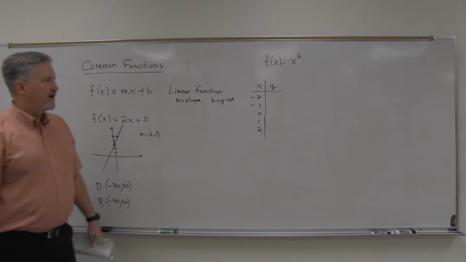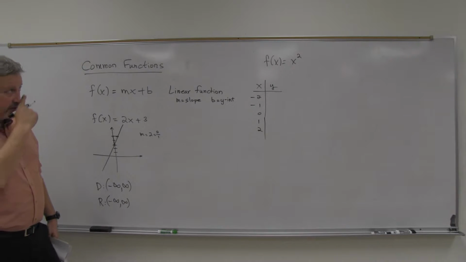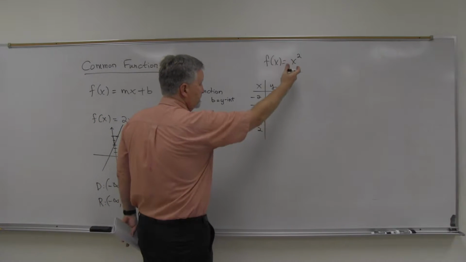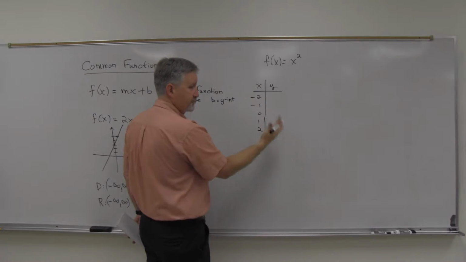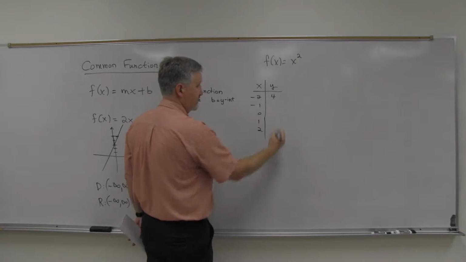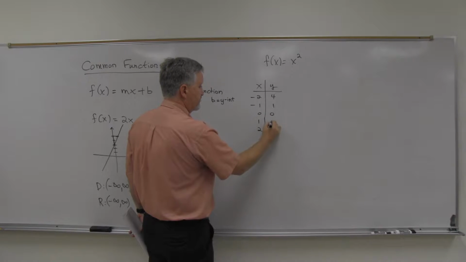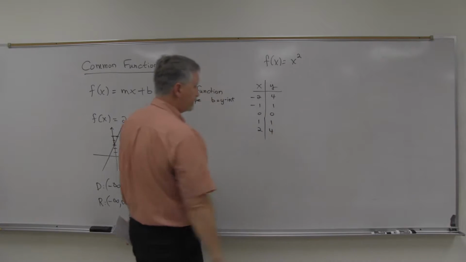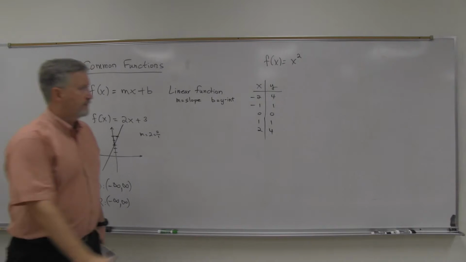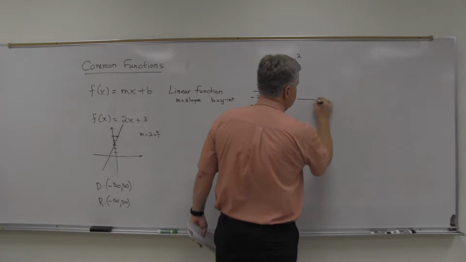So the x values, -2 to +2. Well, we're squaring these, so -2 squared is +4, right? These are always going to be positives. -1 squared, +1. 0 squared, 0. 1 squared, 1. 2 squared is 4.